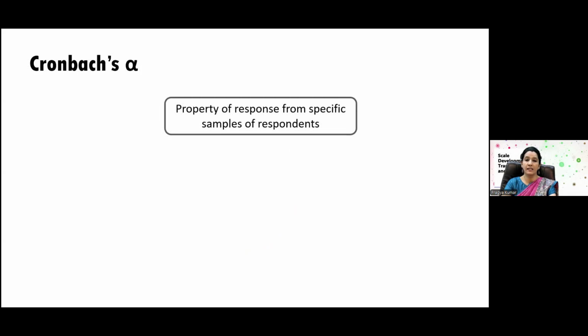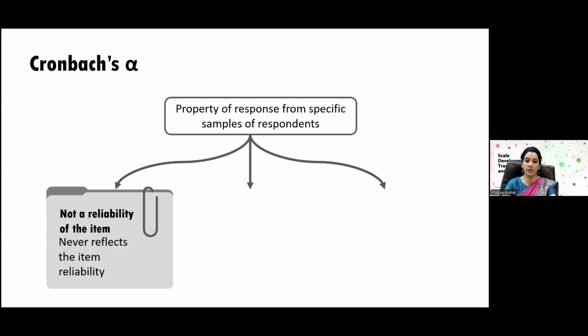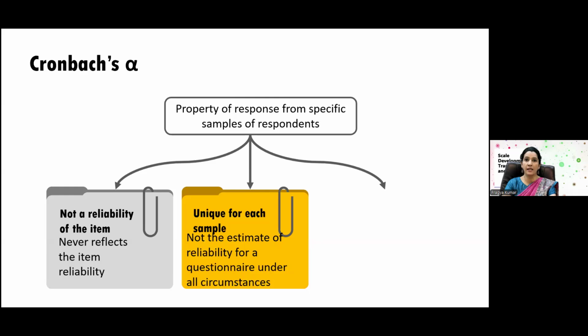Again, I said that Cronbach alpha is not of a scale; rather, reliability is of a test score, because it will differ from one population to the other. So it never reflects the item reliability, and it is unique for each sample. Like you were asking about the Cronbach alpha just now. Cronbach alpha is not for the item.